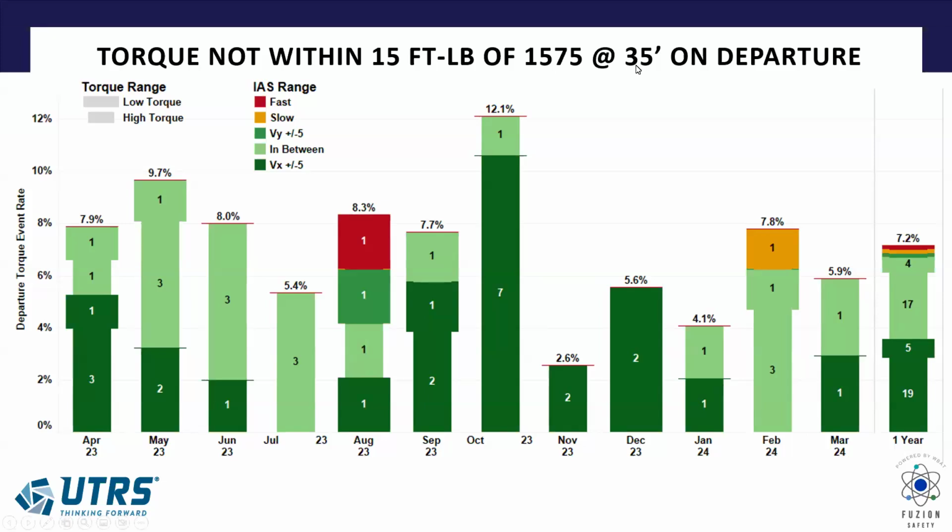But at 35 feet on departure, if you're not within 1575, it's going to throw one. About 7.2% of the departures for that year had power off of that. To break it down a little bit more, we're looking at some good speeds, and then maybe slow or fast, to see what might be going on. So that slow one might be of concern.